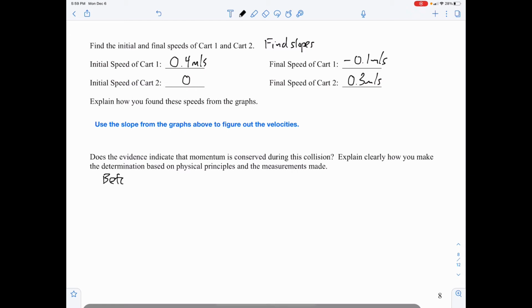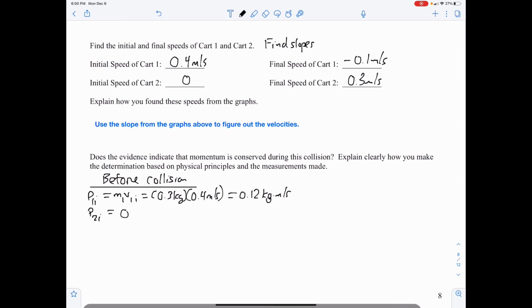Before collision, the momentum of object 1 before collision is mass times velocity, m1 v1 initial, and that's going to be the 0.3 kilograms, that's mass 1, times the 0.4 meters per second that it's moving, which is 0.12 kilograms meters per second. Keep in mind, P2 initial is 0 because cart 2 is not moving.